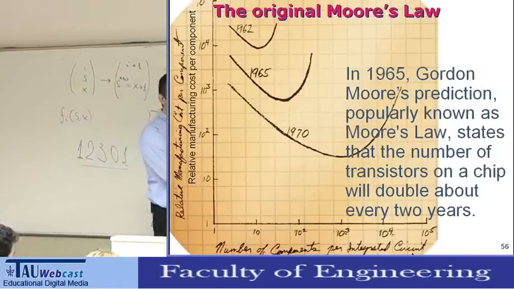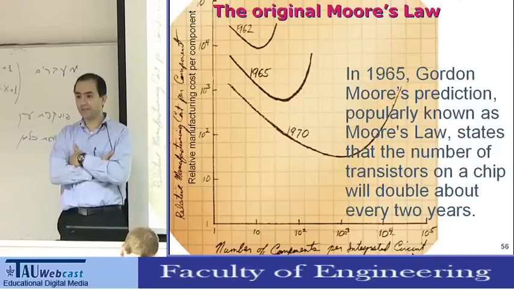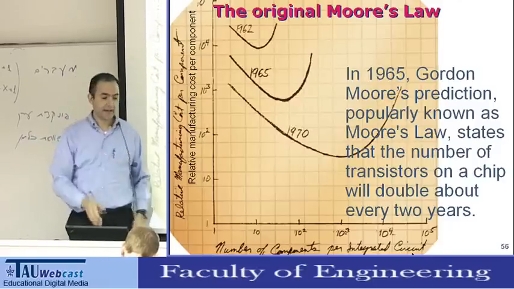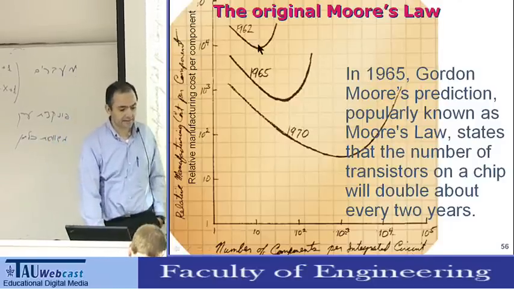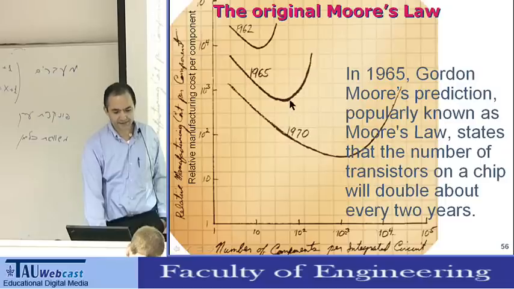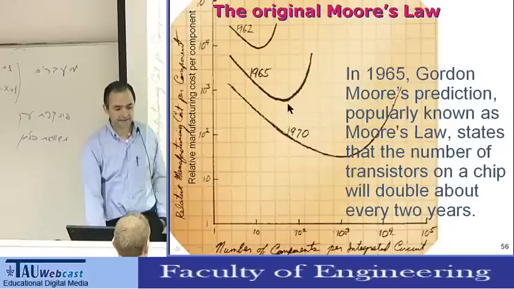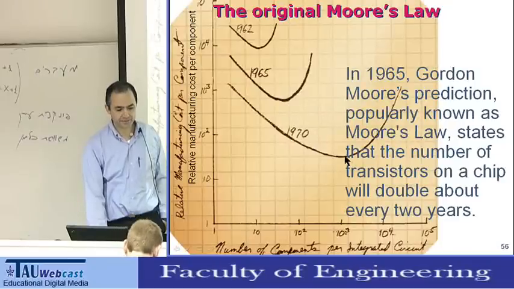Eventually, it was a bit wrong. It didn't take 24 months. It takes 18 months to double. And what he shows is that the minimum cost per component from 62 to 65, and this was done in 65, gets lower, and he predicted that in 70 it will be here.